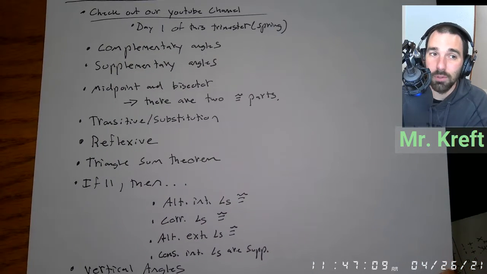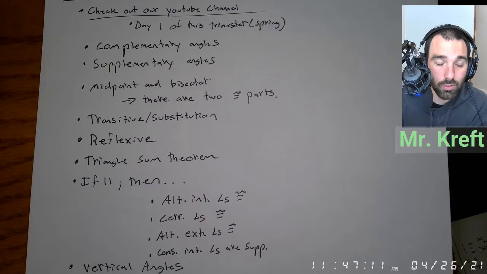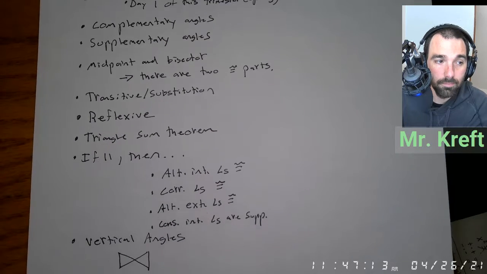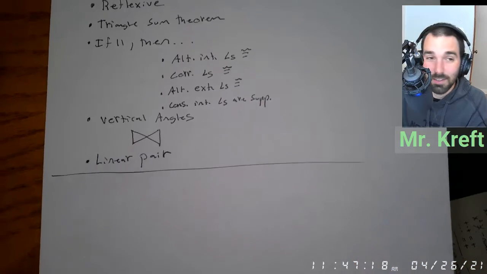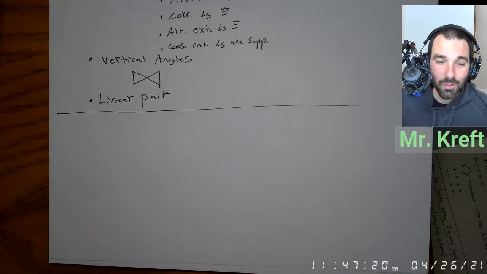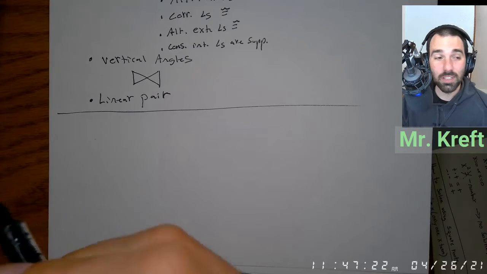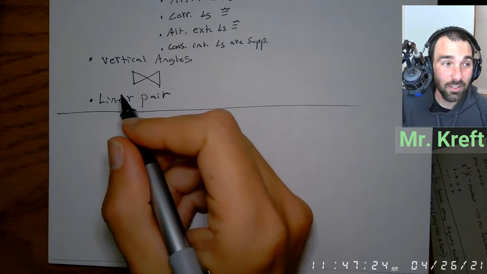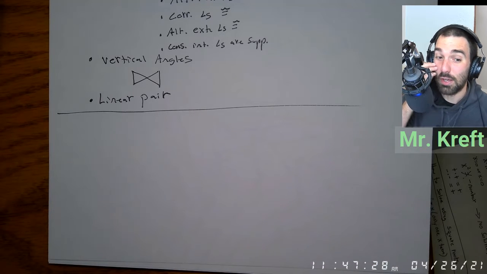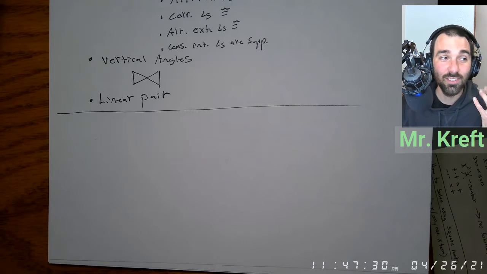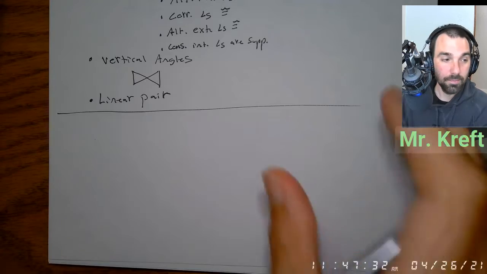Because if we don't know these and we don't understand these, it's almost impossible to do proofs, okay? All right, so I feel like because we finished last trimester with chapter 5, sections 5.1, 5.2, 5.3, that's the second time I've gone over that. So let's get to the new stuff, okay?